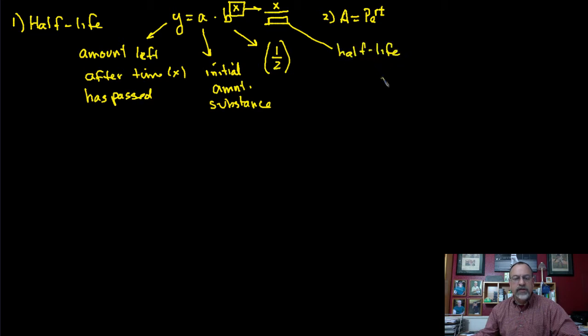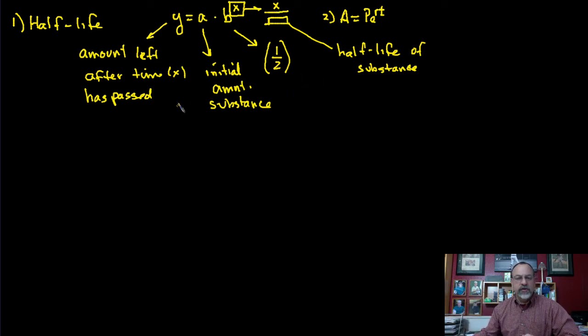So this number will change for each problem, because the time that we enter for x is going to be a fraction of the half-life. So if the half-life is 1,000 years, how much is left after 300? Well, it's going to be 300 out of 1,000 years, so that would be 300 over 1,000.